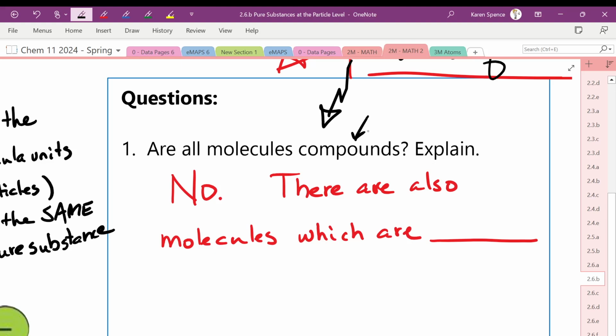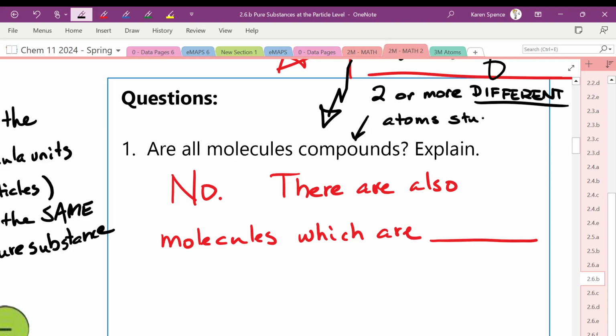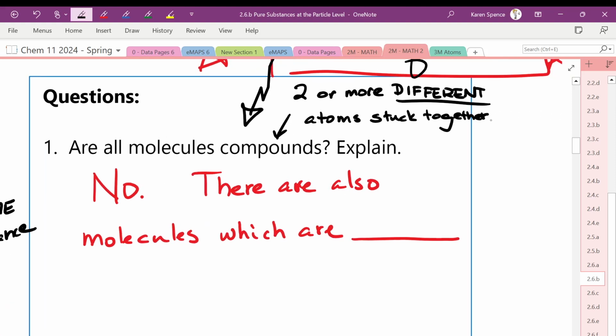Yes, they have to be different types, and it can be two or more, okay? So compounds are two or more different atoms stuck together. Okay, two or more different atoms stuck together.